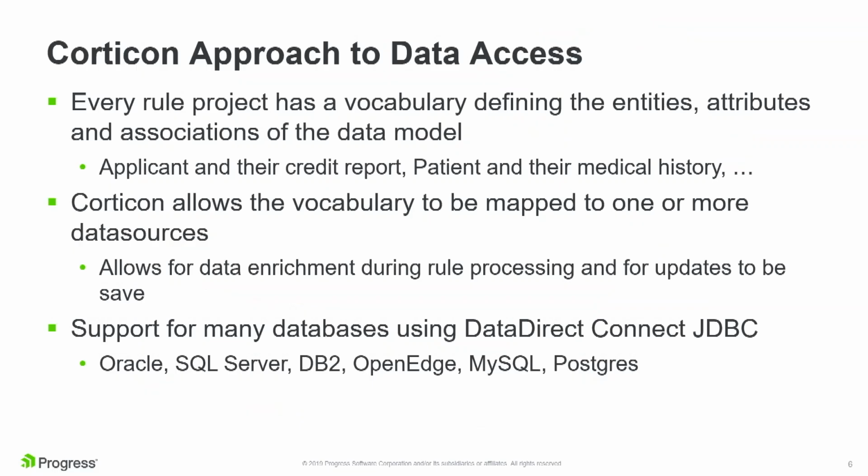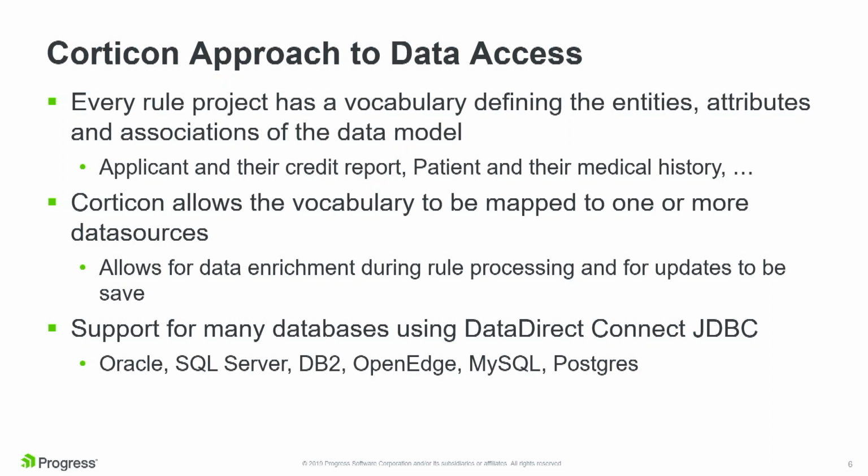Corticon's approach to data access is that within Corticon, you start by defining a vocabulary. That's the data model for the problem that you're solving, and for the questions and policies that you need to implement. In this, you define the entities, the attributes, and the associations between data that represent the domain that you're working in.